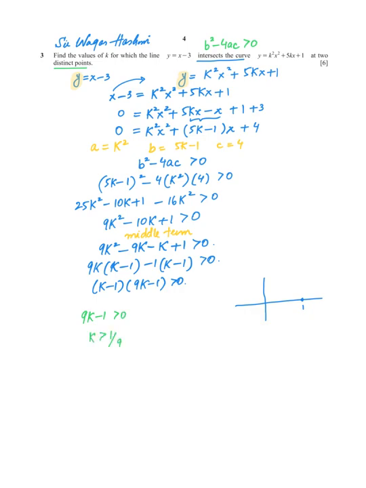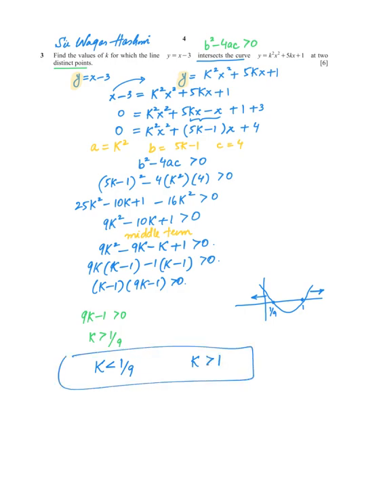So we have the value 1 upon 9 here, and that is how my curve looks. Since it says greater than 0, I need to find the values that lie outside the curve. So for the value 1 upon 9, k should be lesser than 1 upon 9, and for positive 1, k should be greater than positive 1. These are my two final answers.